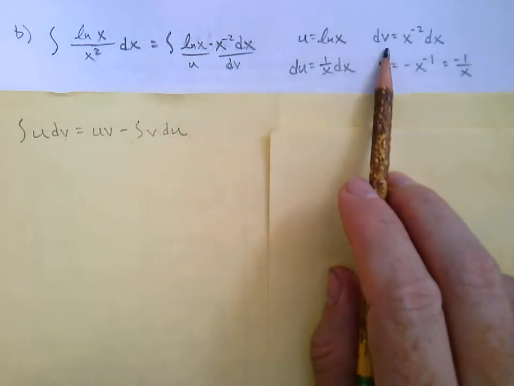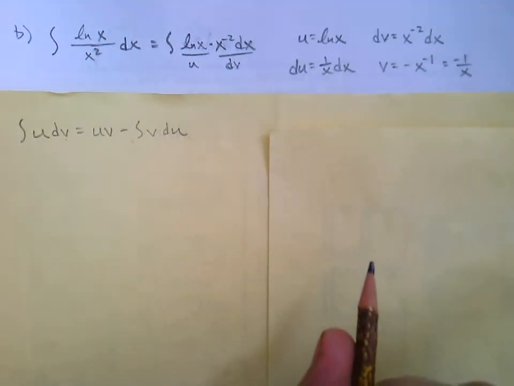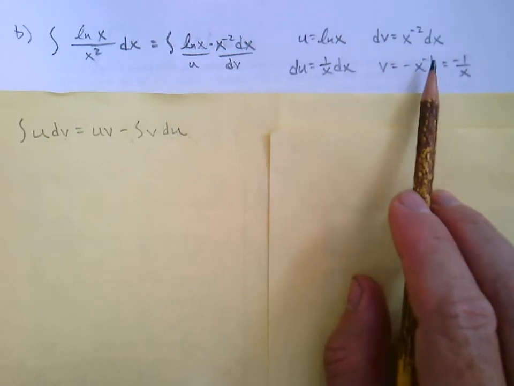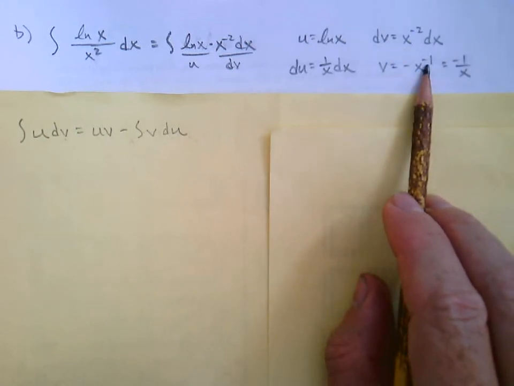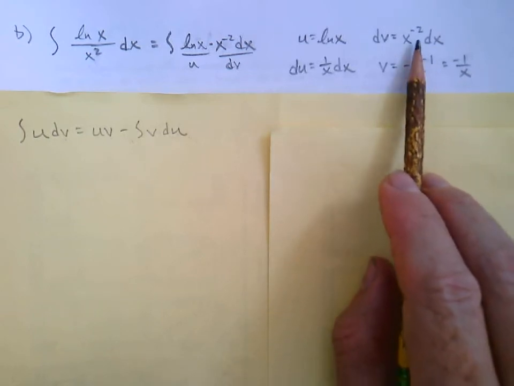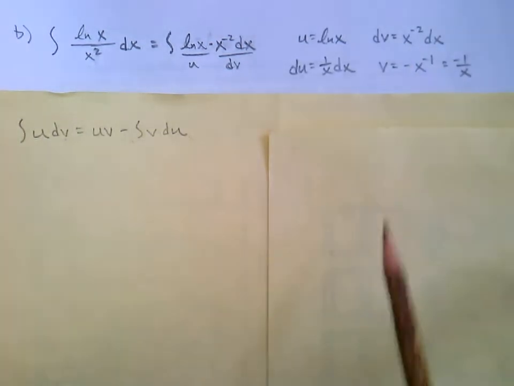For the dv, we need an antiderivative of x to the negative 2. The exponent would have come from negative 1, which means there's a negative here because the negative 1 multiplies down. So there's your antiderivative of x to the negative 2.